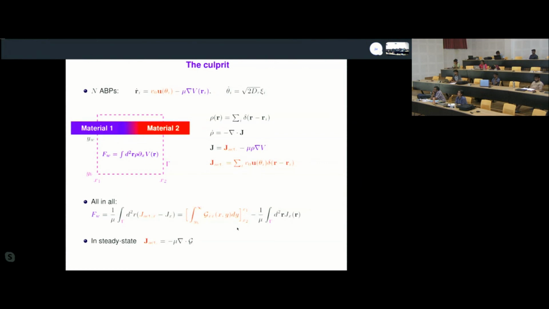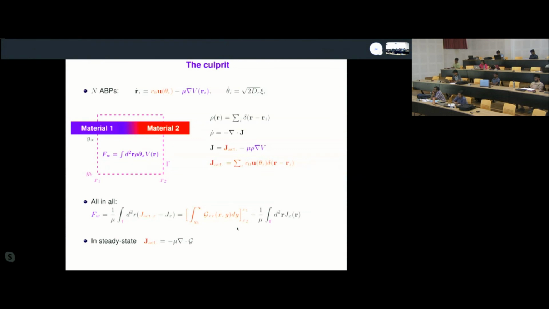The upper and lower boundaries will not give any contribution because Jxy will be 0. The only contribution is the flux of active impulse through the left boundary minus the flux of active impulse through the right boundary.